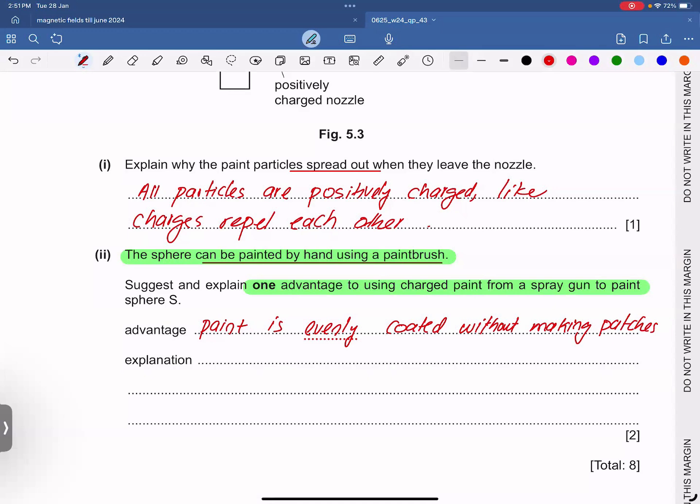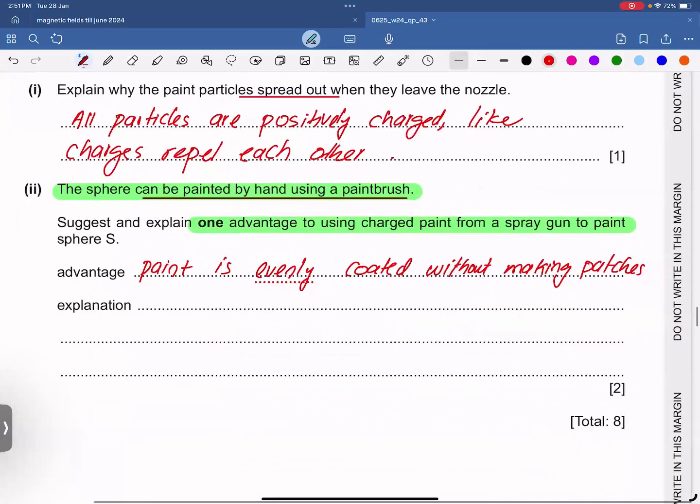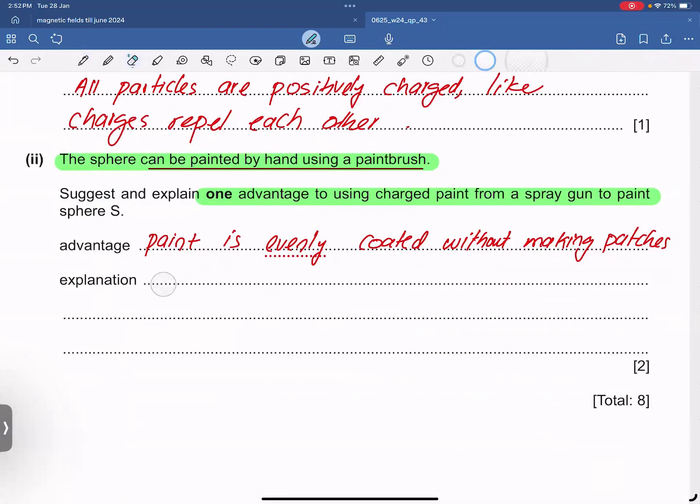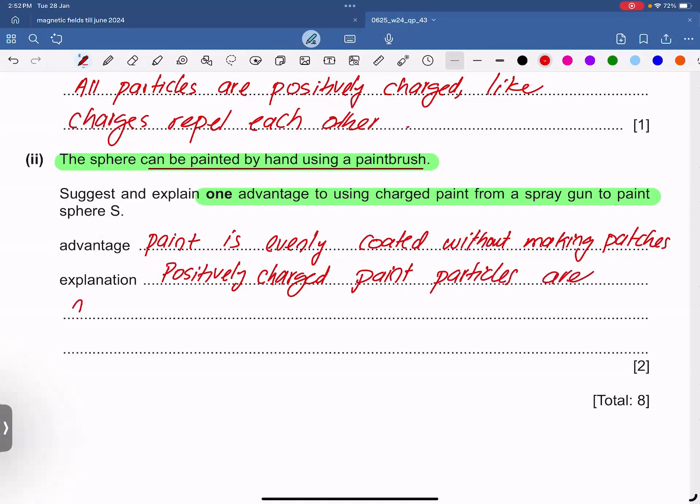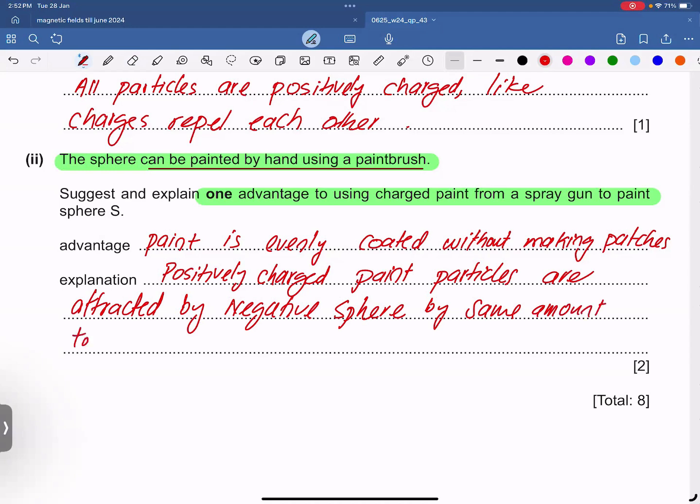The reason, you can say, is that all the positively charged paint particles are attracted by the negative sphere by the same amount to all sections or all parts.